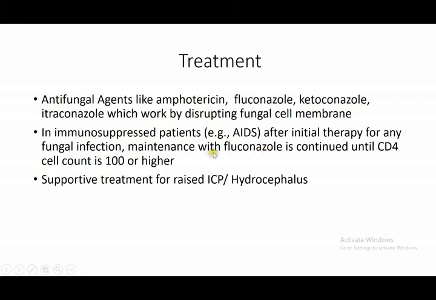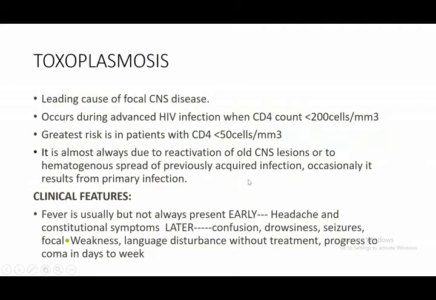After initial IV treatment, you have to give maintenance therapy with antifungal fluconazole, which is continued until the CD4 count becomes higher, especially more than 100. Along with antifungal therapy, you have to give supportive treatment for raised intracranial pressure and hydrocephalus. For example, the patient may require ventriculoperitoneal shunting.